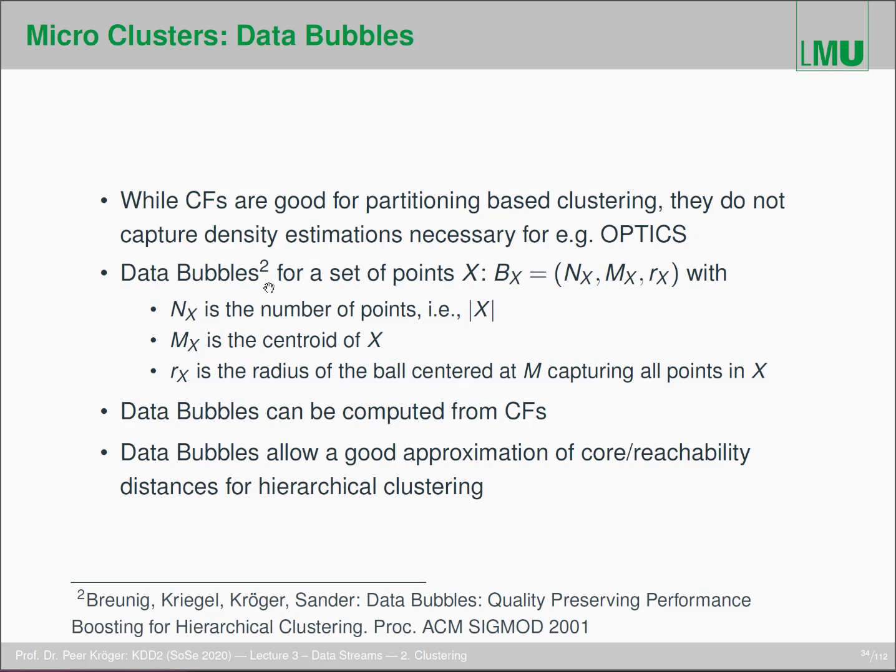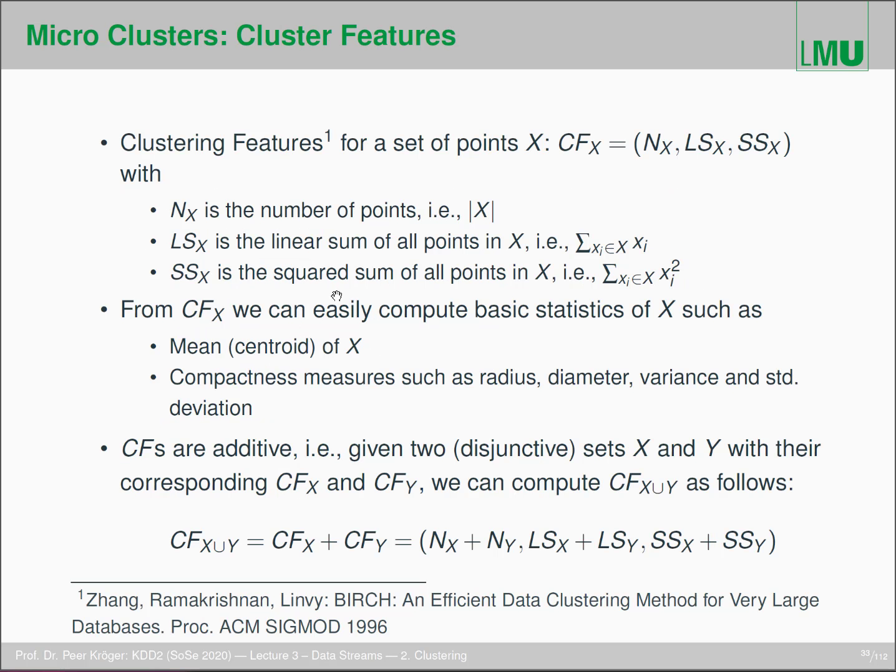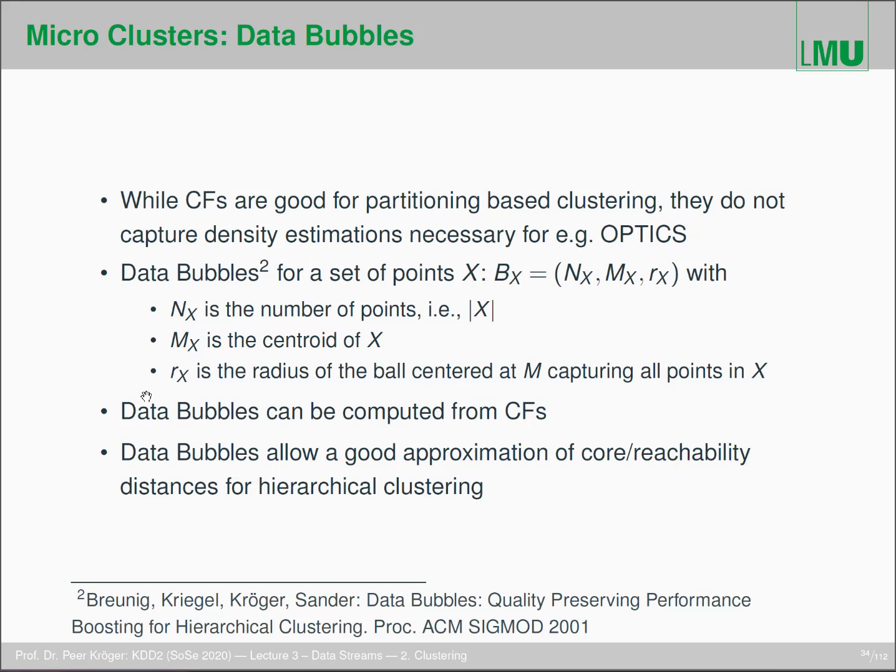In that case, authors proposed the so-called data bubbles for a set of points. So they propose to grab some different statistics. Nx is the number of points, Mx is the centroid of x, which can be computed from the CFs if you want. But now Rx is the radius of the ball centered at the medoid and capturing all points in x.